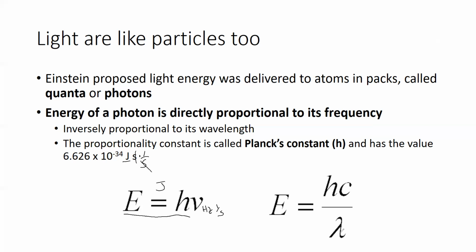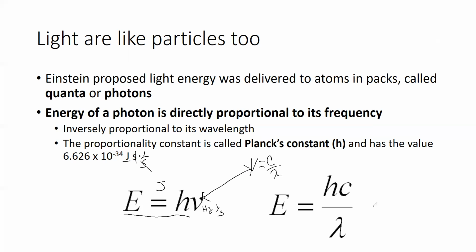Here's the other version where we know wavelength instead. So it's Planck's constant times speed of light divided by wavelength, which makes sense because we just said that frequency equals speed of light divided by wavelength. So all I'm doing is substituting my nu, or my v here, for c divided by wavelength.